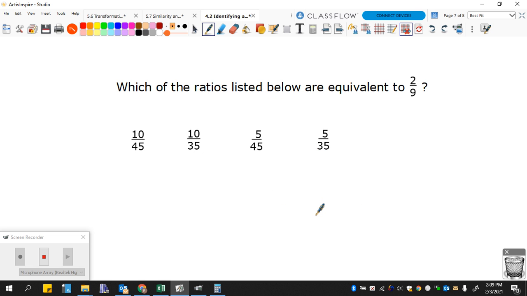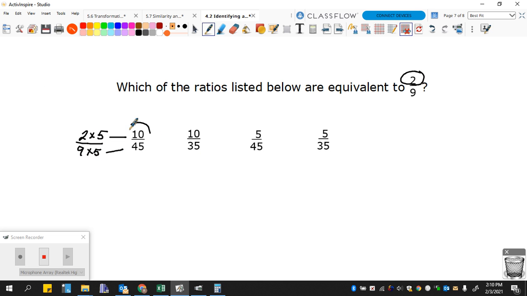So here it says, which of the ratios listed below are equivalent to 2/9? If I look at the top, 2 times what gives me 10? Well, 2 times 5 gives me 10, and 9 times 5 gives me 45.